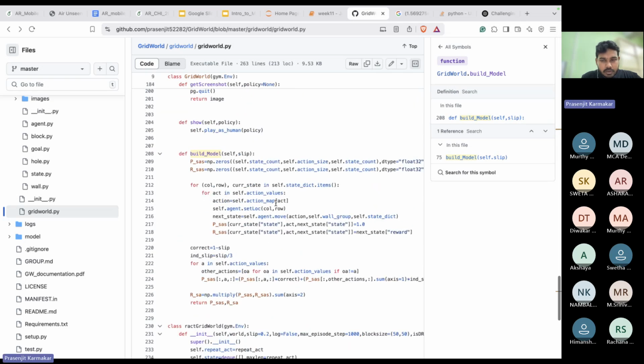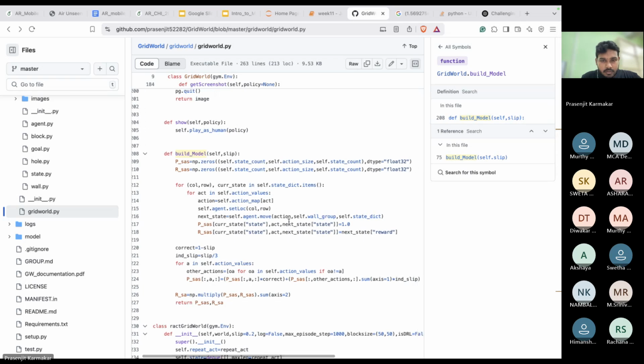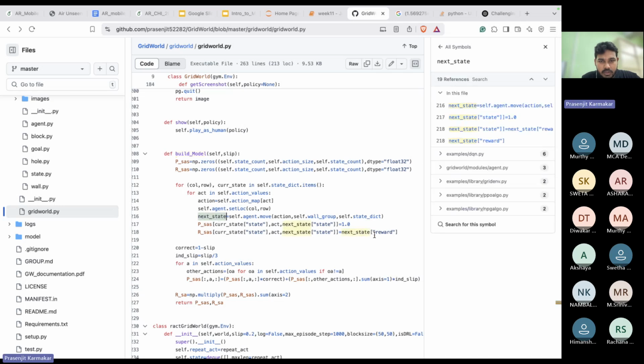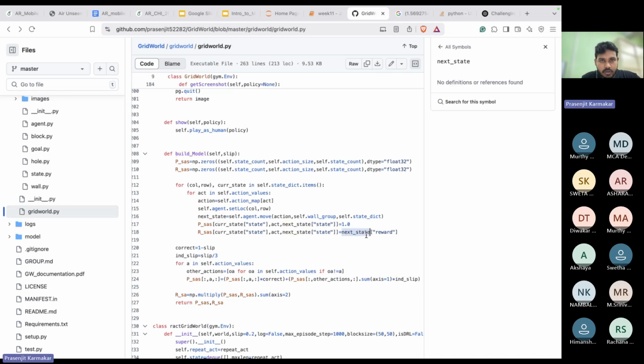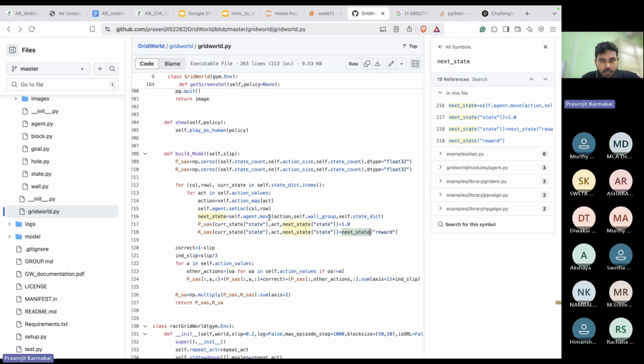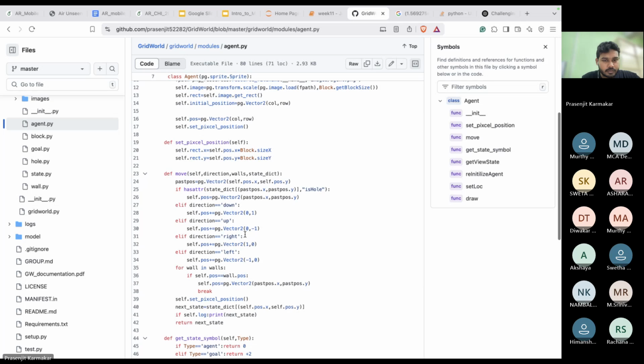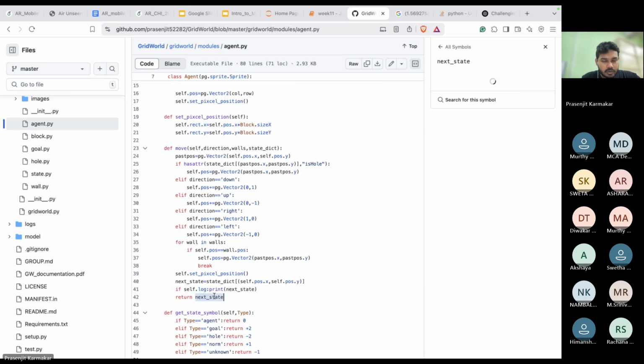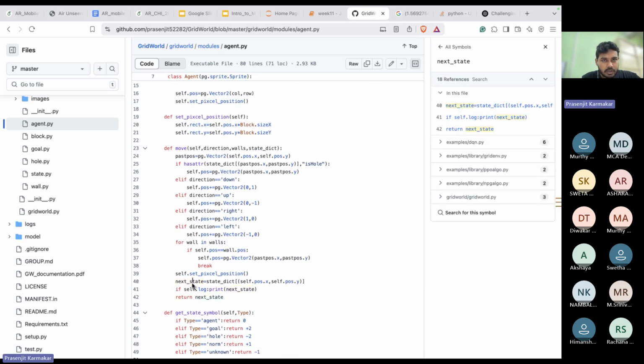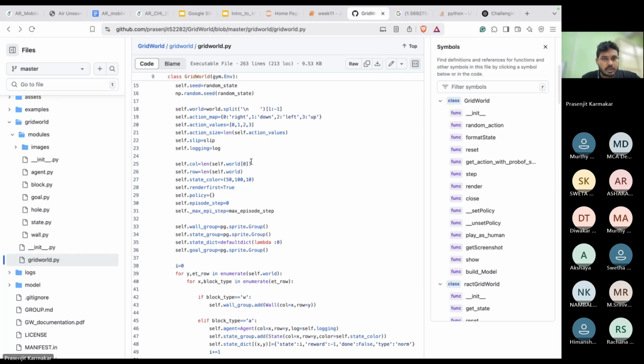Yeah, build model. Next state reward. Agent dot move, next state reward. Agent dot move, next state. Okay, got it.